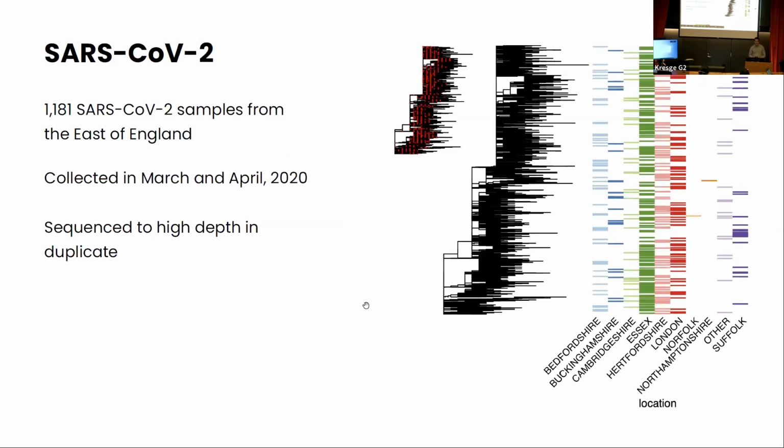The COVID data set I'll be talking about was from quite early on in the pandemic, from March and April in 2020. These samples were the ones that were sent to Addenbrooke's Hospital in Cambridge, UK, but they were from people from all over the southeast of England. Overall, we had over 1,000 samples in this data set, and we wanted to look at the within host diversity of these samples.